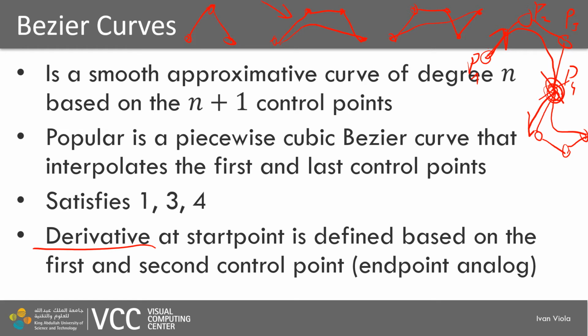In order to make such a curve C0 continuous, we only need that the two piecewise Bezier curves are connected through the point P4. If we want C1 continuity, then we need to secure that the P3, P4 vector is identical with the vector P4, P5, so it has the same orientation and also the same length.